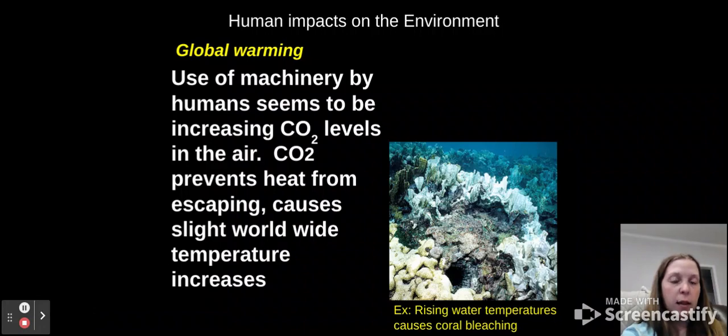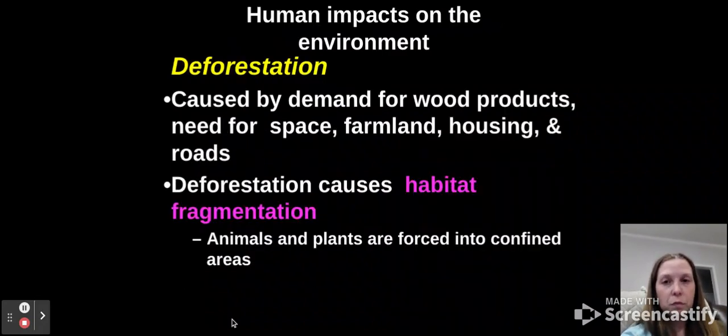And sometimes that can lead to different issues, melting of the ice caps. Here you can see that it actually causes coral bleaching, which means that the coral is going to die so that fish can't live there. All kinds of different things because it's not allowing the heat that we're producing to leave the atmosphere.